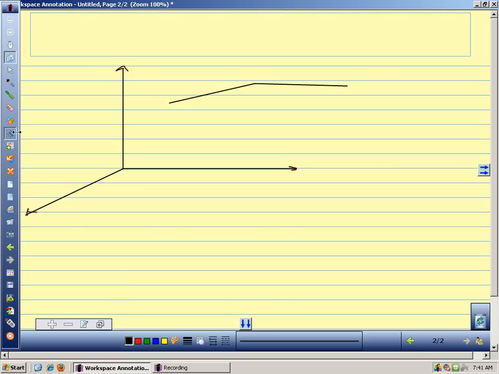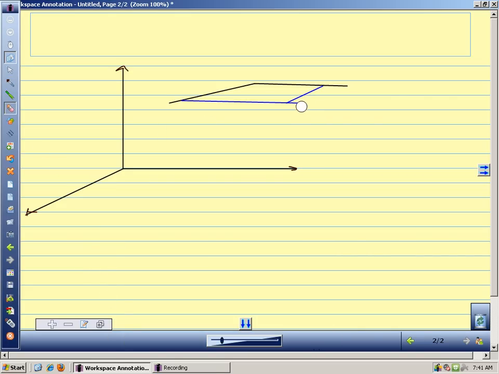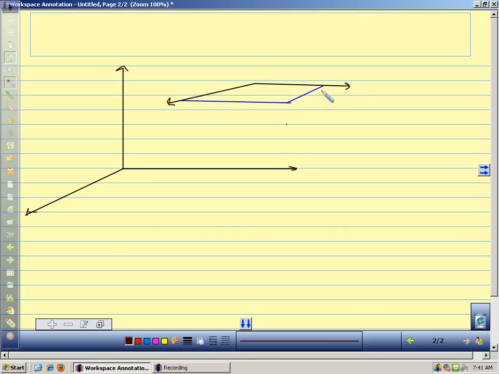And I'm going to draw these in different colors. And we're going to make vectors out of these two sides of this little piece of the tangent plane. So here's our point P sub ij. We're going to call this vector A and this vector B along the sides of that little portion of the tangent plane.